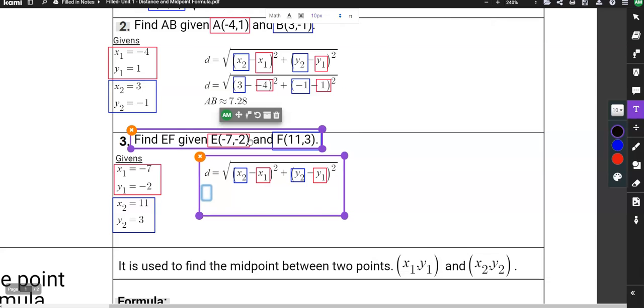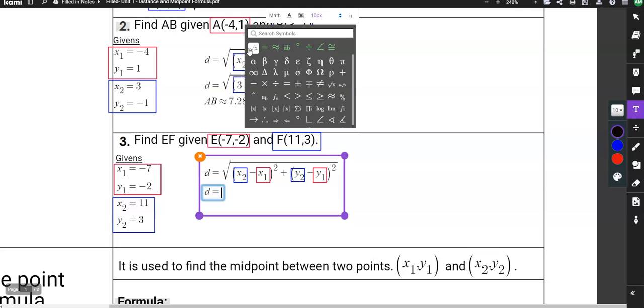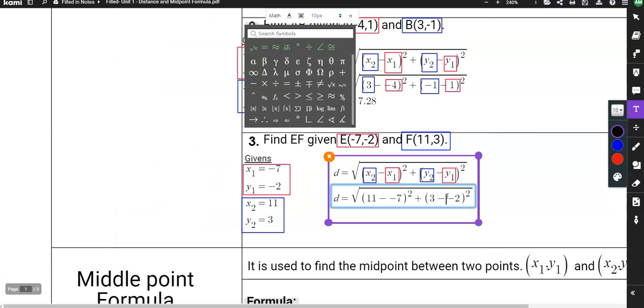So our substitution is going to say that the distance between these 2 points is equal to 11 minus negative 7, and we square that, add to that 3 minus negative 2, and we're going to square that as well. Now you can go ahead and calculate this all the way through if you wish.